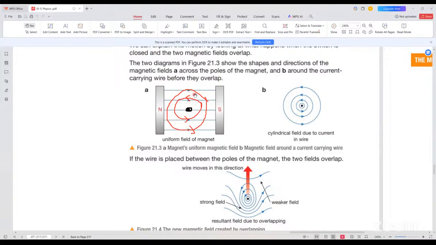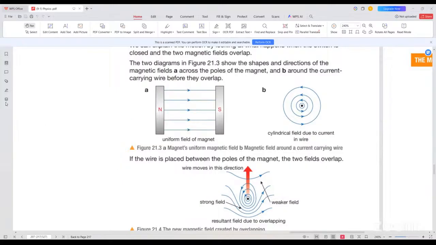But in this case, the directions are opposite, which means they will be minimized. So the resultant magnetic field is something like this. Now pay attention to it. Okay. Now see what has happened.